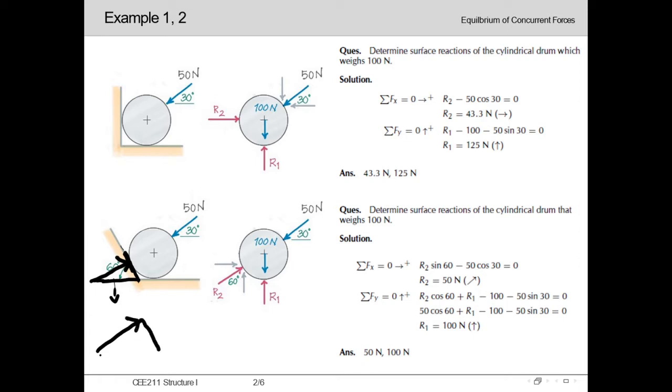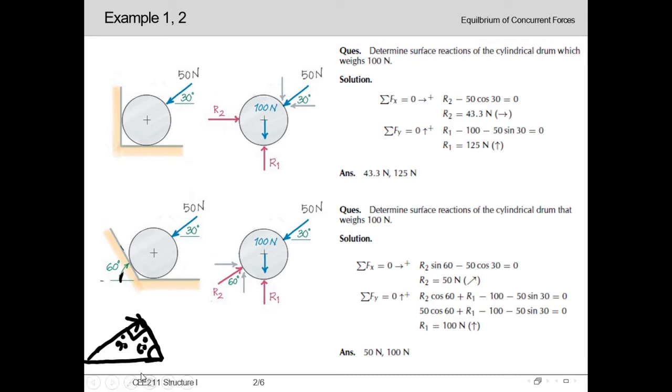So ultimately, if we want to represent this figure over here, our reaction force is acting perpendicular. That means this angle is 90 degrees. This is the plane, and this is the vertical line, this is the horizontal line, and here the plane is at an angle of 60 degrees.